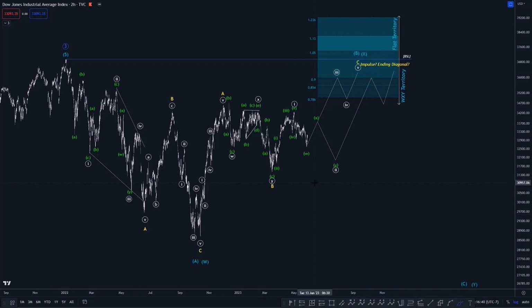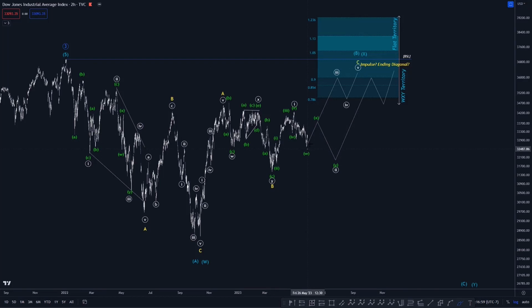It's difficult because when I was looking at this, we've already bounced up so high for this wave 1. If we begin to push up, this is the route I see right here, where we're just going to do a regular impulse.